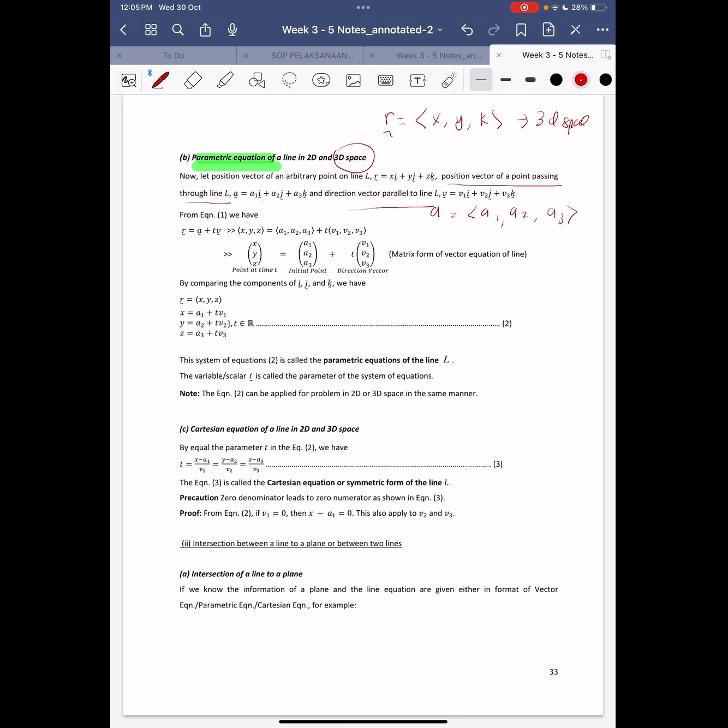The direction is parallel to vector V, which is V1i, V2j, and V3k. This is a point at time t, this is what we call the initial point, and this here is called the direction vector.